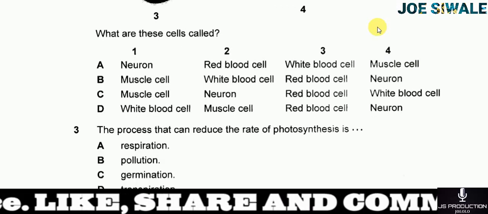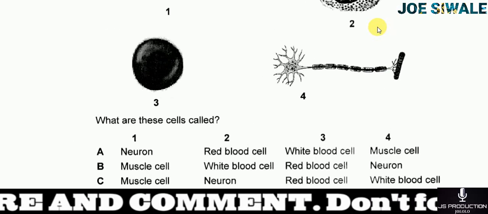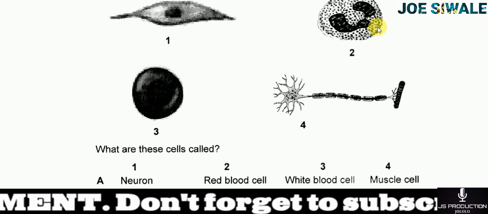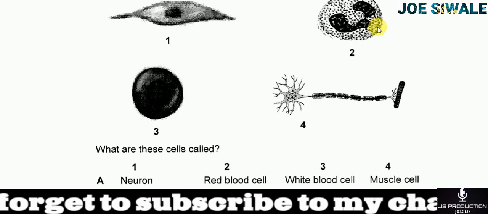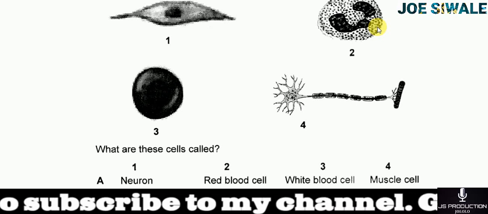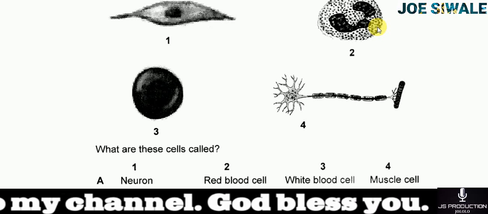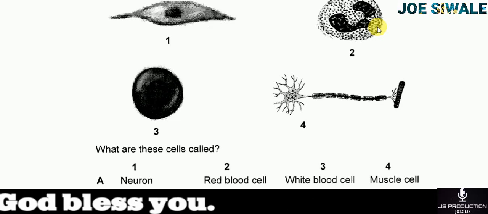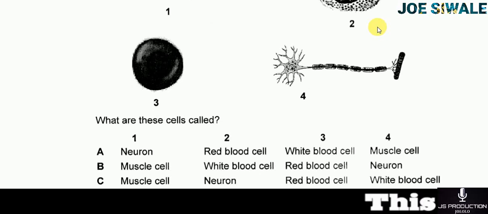So the question proceeds, what are these cells called? So multiple choice A, 1 is a neuron, 2 a red blood cell, 3 a white blood cell, 4 a muscle cell. B, 1 is a muscle cell, 2 a white blood cell, 3 a red blood cell, 4 a neuron.